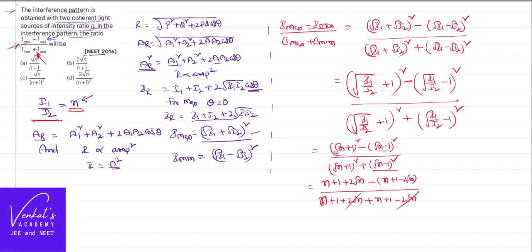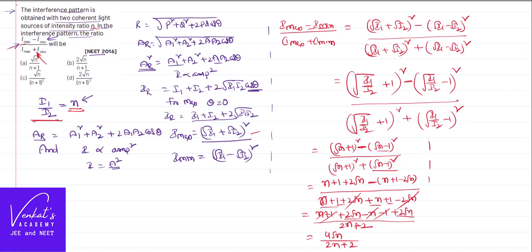Here the 2 root n will cancel. Here it is n plus 1 plus 2 root n, and minus of the bracket, so it becomes minus n minus 1 plus 2 root n, by n plus n is 2n, 1 plus 1 is 2. So the n and 1 get cancelled. What is remaining is 2 root n and another 2 root n, 4 root n by 2n plus 2.